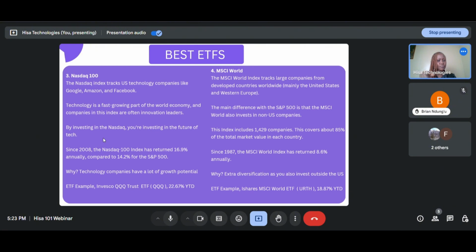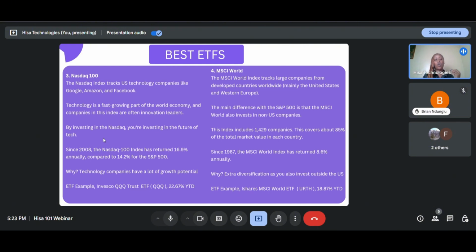We have Google coming up with AI assistants and so much more. So by investing in the Nasdaq, you are investing in the future of tech. Since 2008, the Nasdaq index has returned 16.9% per year, compared to 14.2% by the S&P 500.